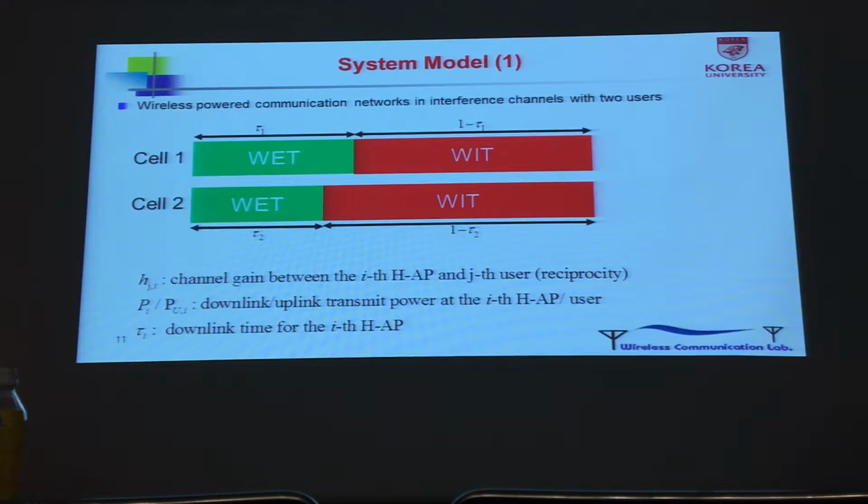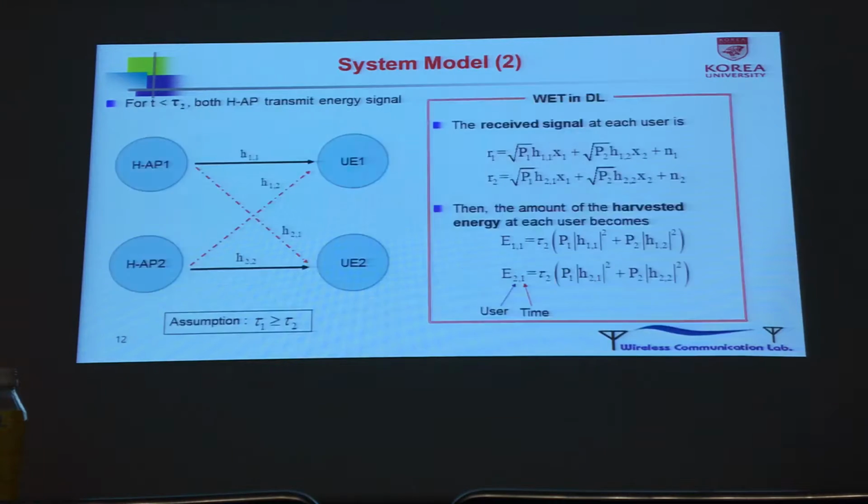This can be divided into three different regions. The first region is where both cells operate in the WET process. In the second stage, cell 1 operates in the downlink WET, whereas cell 2 operates in the WIT. The third is when cell 1 and cell 2 both operate in the uplink WIT. So we divide into three different categories.